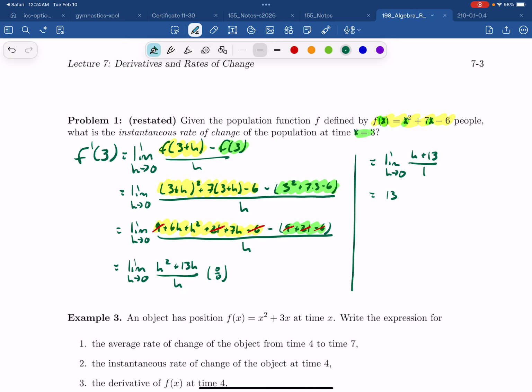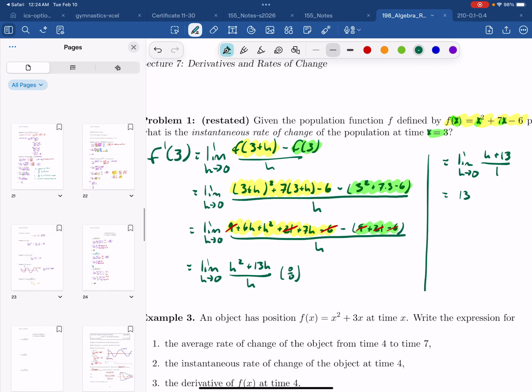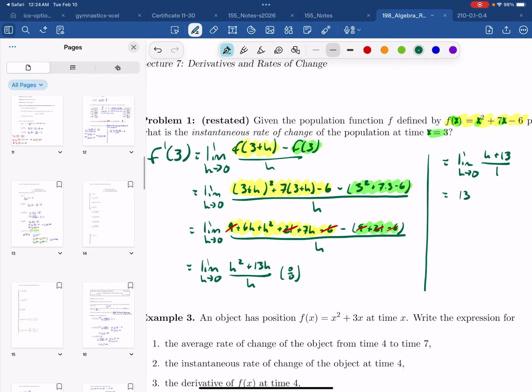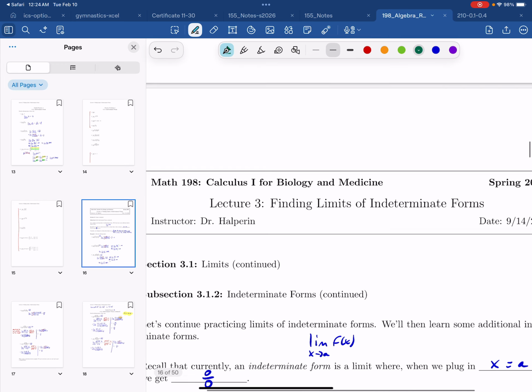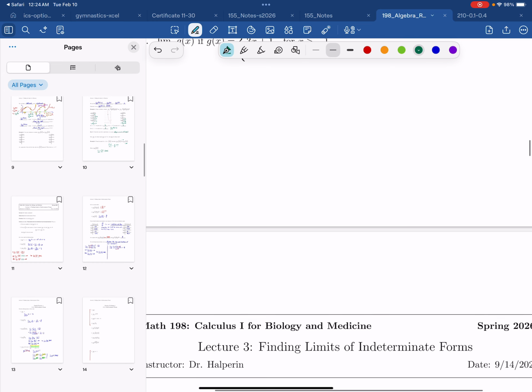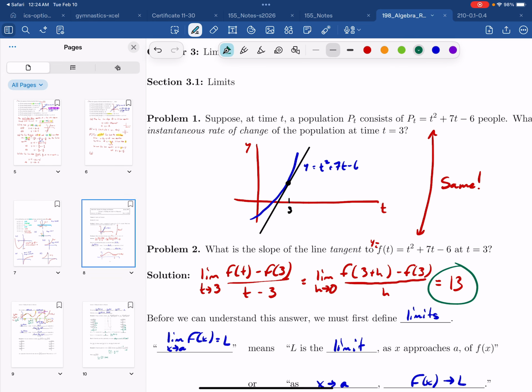We just factored stuff. If we go to the first day, I told you the answer was 13, and we just proved it.